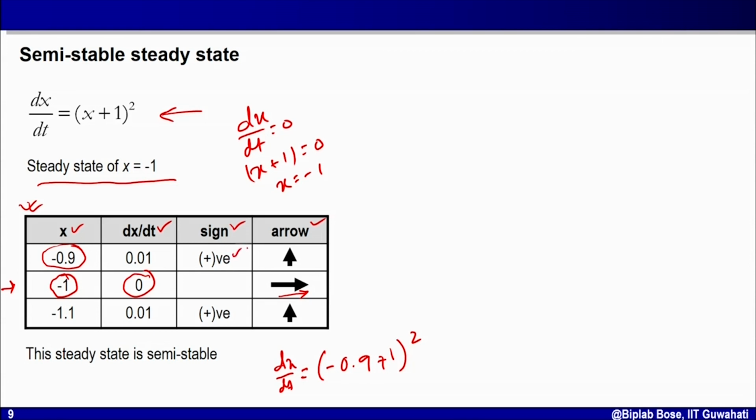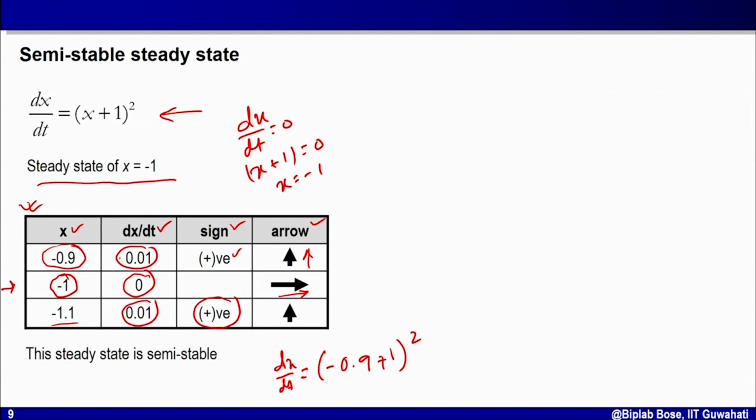So you have a positive sign. So I can put the arrow representing up. Whereas if I take minus 1.1, a slightly lower value than x equal to minus 1, again, as we have a square term, (x plus 1) square, what we will get? We will get a positive value.